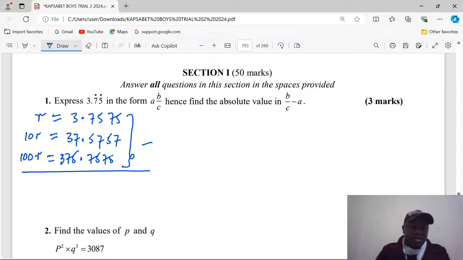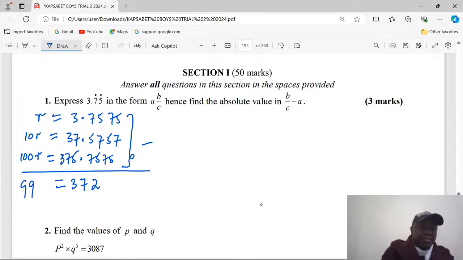375, we subtract 3. This gives us 372. Then on the other side, we will have 100R minus R, giving us 99R. So R will be equal to 372 divided by 99.